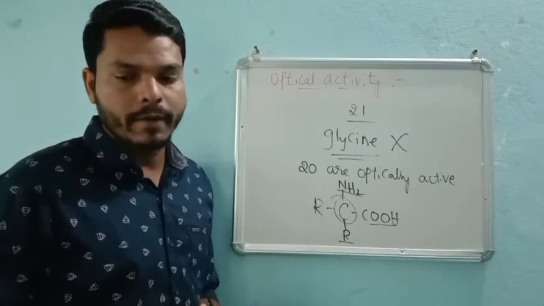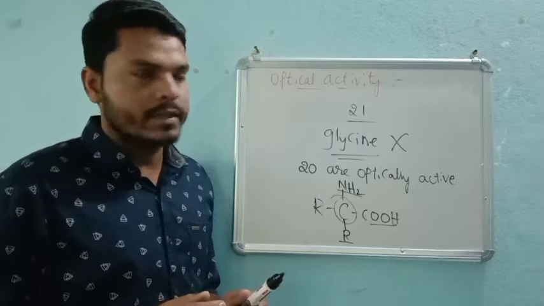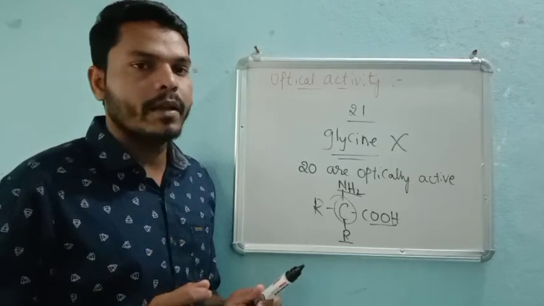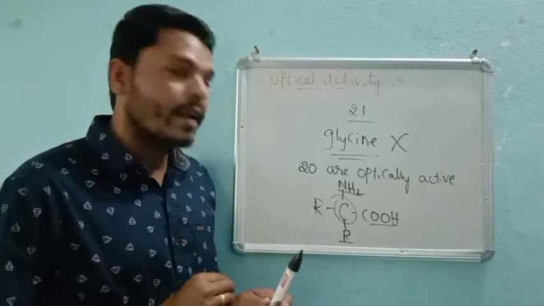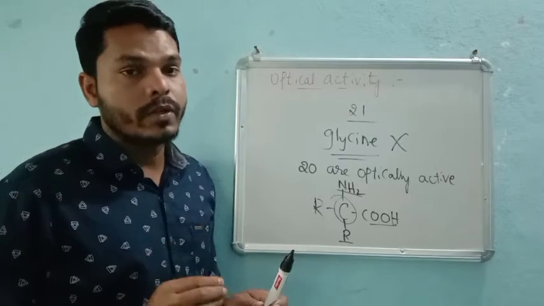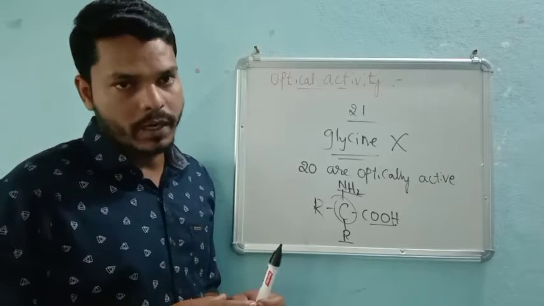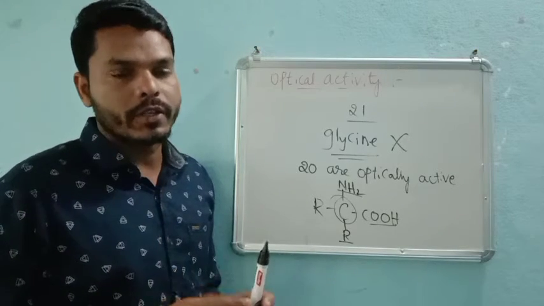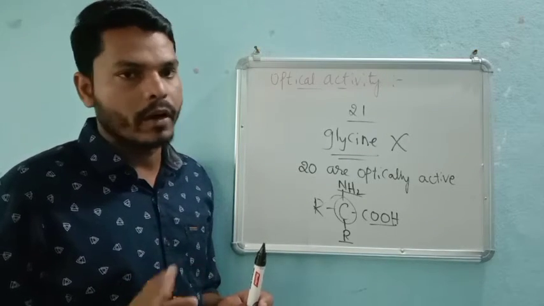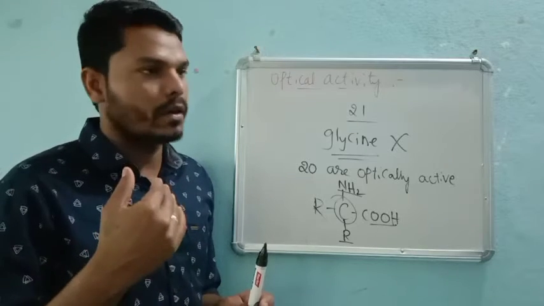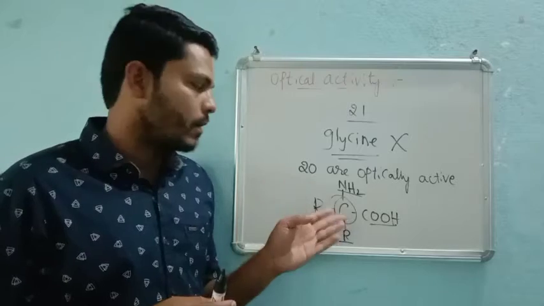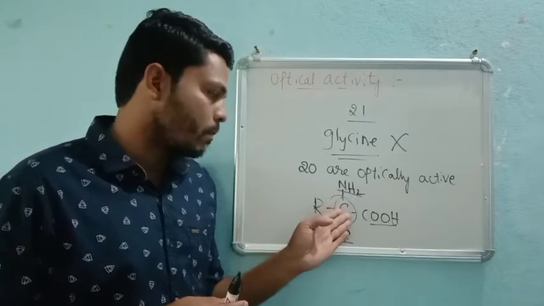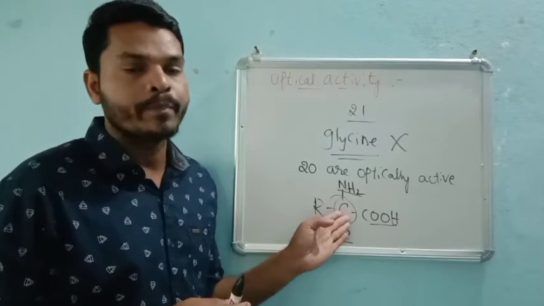And in optical activity, not only do we see the chiral carbon, we must and should see the rotation also, right? So we have two types of rotation, dextro as well as levo. You already know. Based on OH and H; based on OH I can say, but here OH is not there.